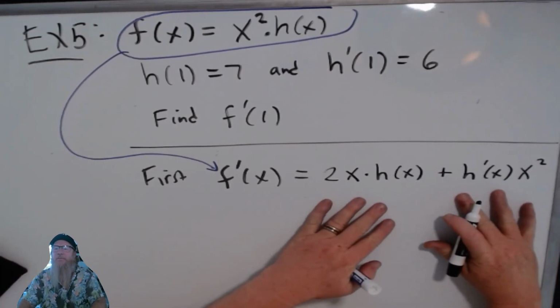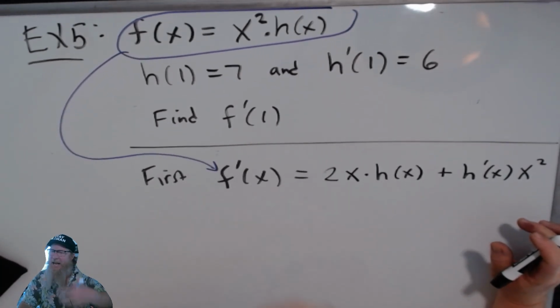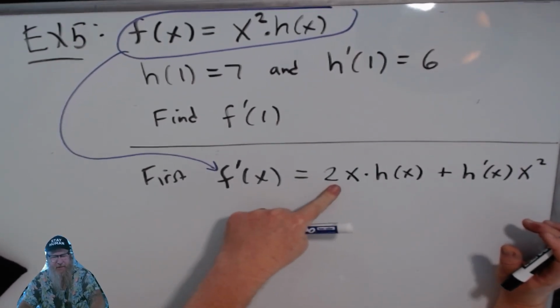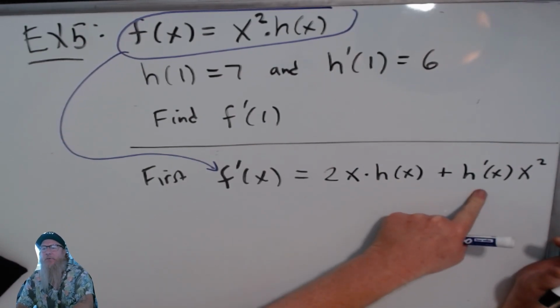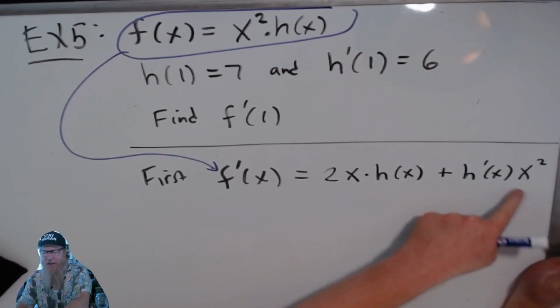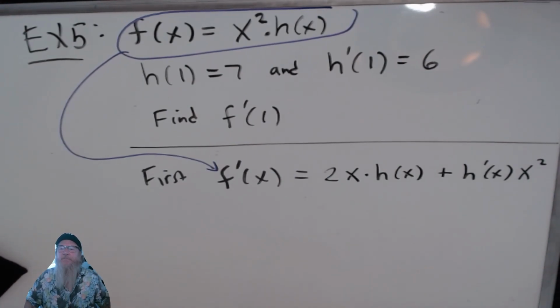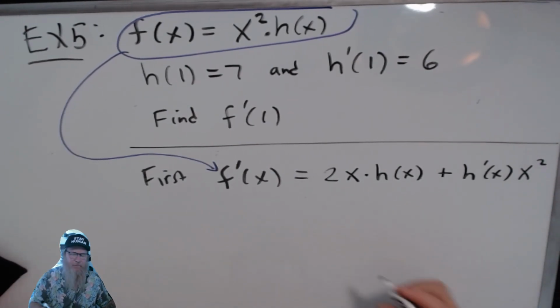That is the product rule. And I like to just say it in words: the derivative of the first function times the second function plus the derivative of the second function times the first function. It just kind of rolls off the tongue that way.